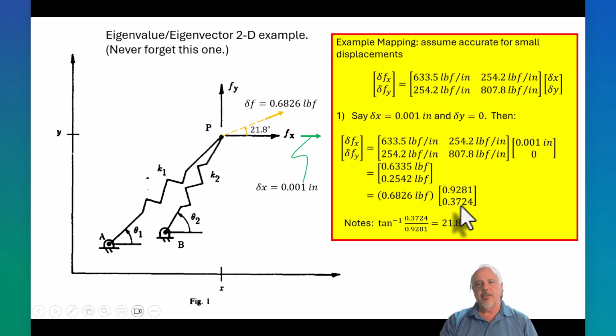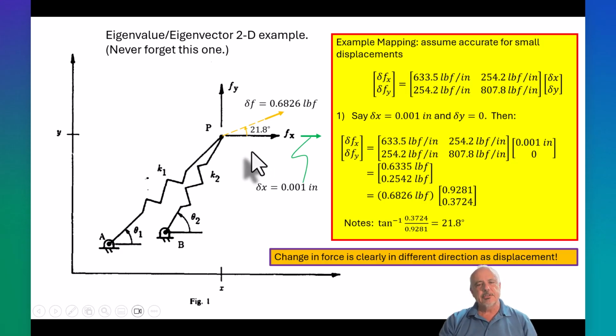It's going to be the inverse tangent of 0.3724 divided by 0.9281, so it's going to be about 21.8 degrees. Obviously, that change in force is not occurring in the same direction that the point is displacing.